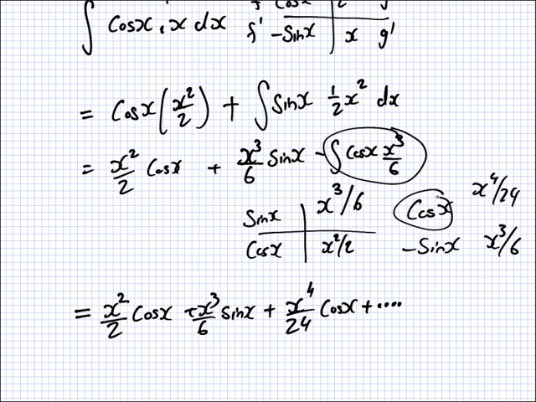So when you do cos x times this, oh sorry, it's a minus, isn't it? So that should be a minus then. And then it's cos x, and then again and again.